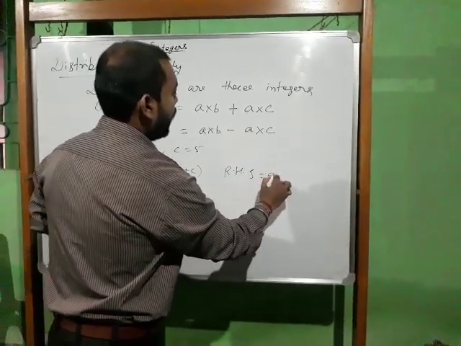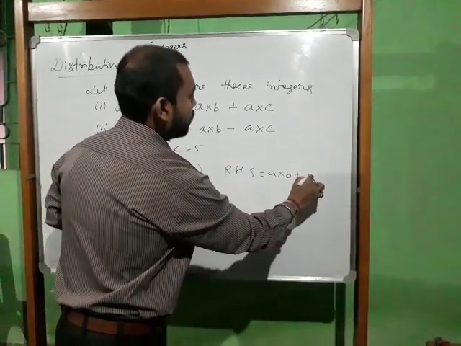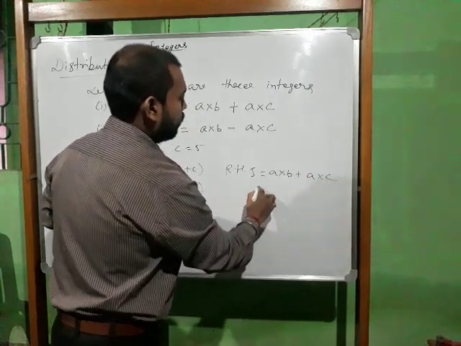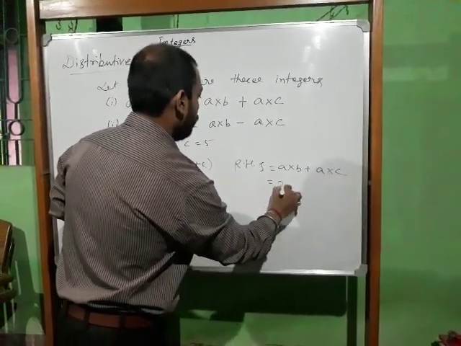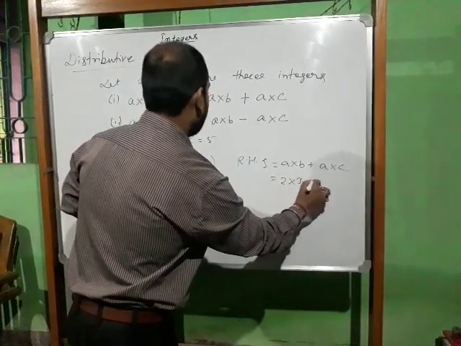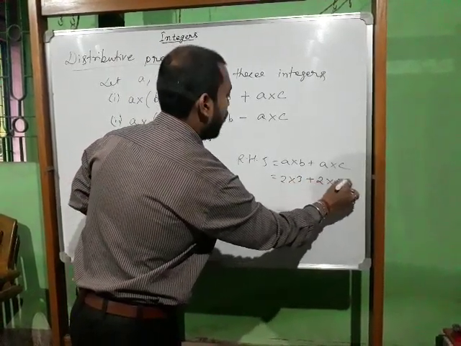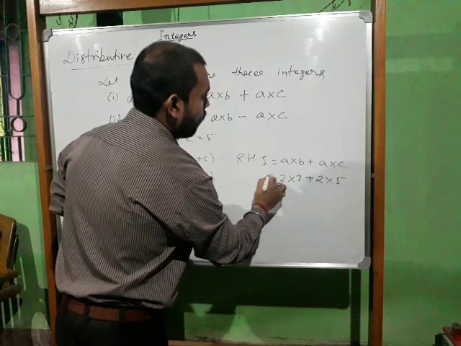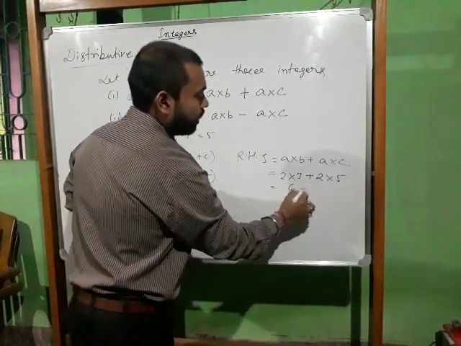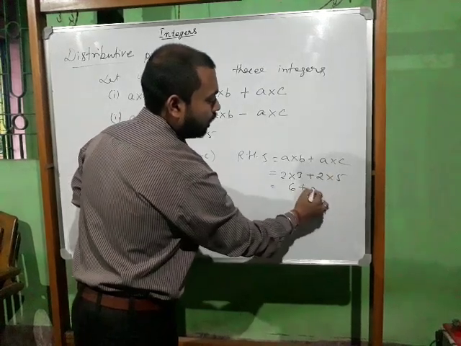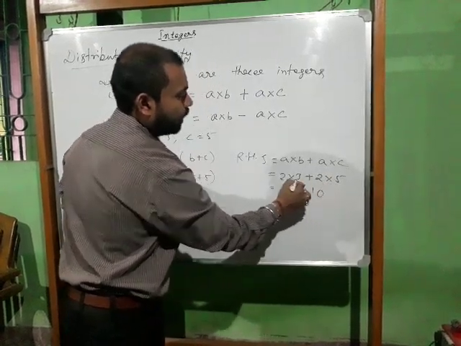Now RHS, it is given a into b plus a into c. So the value of a: it is 2 into 3 plus 2 into 5. If we go by BODMAS rule, at first we have to multiply. 2 times 3 is 6 plus 2 times 5 is 10. So at first we have done multiplication.